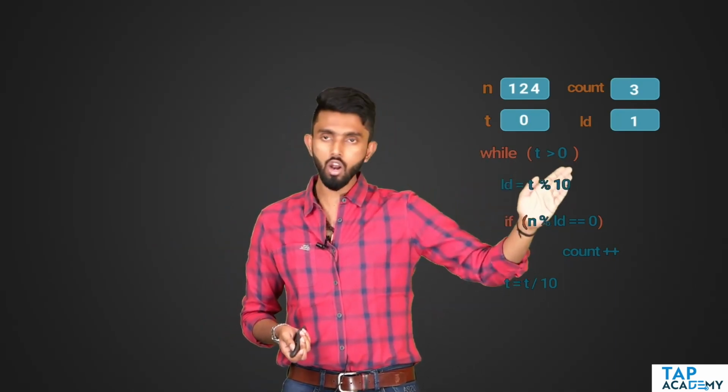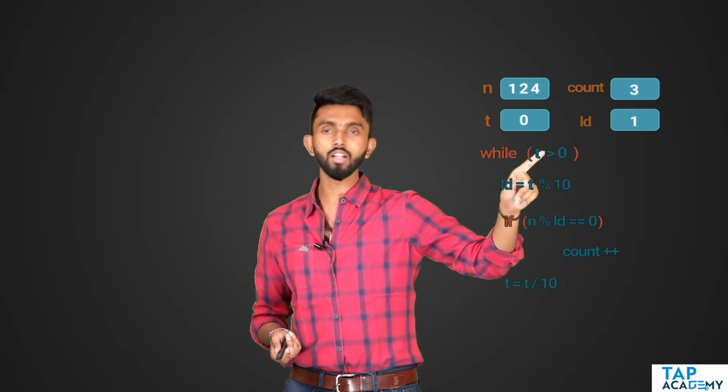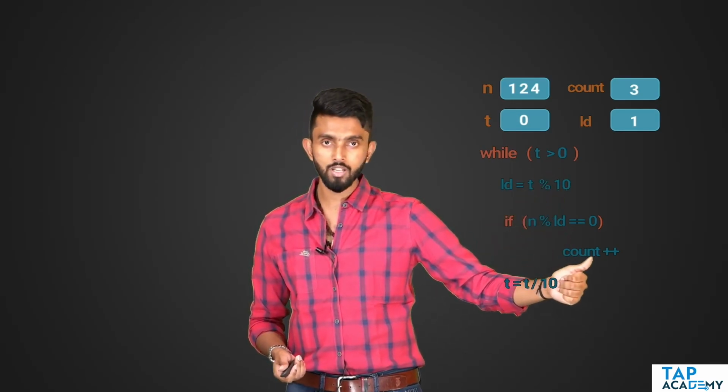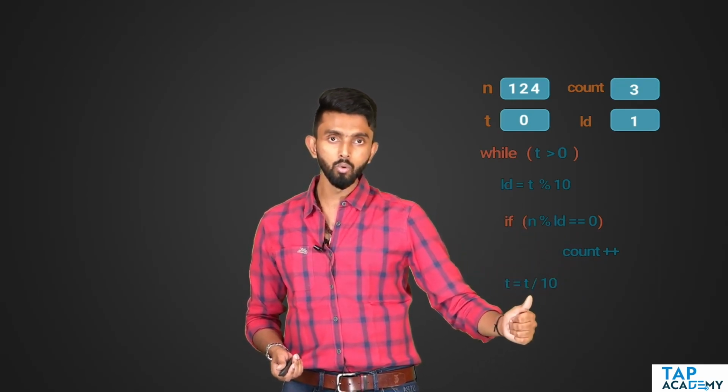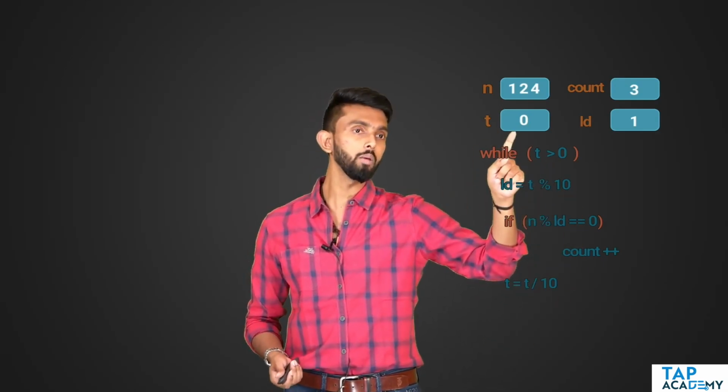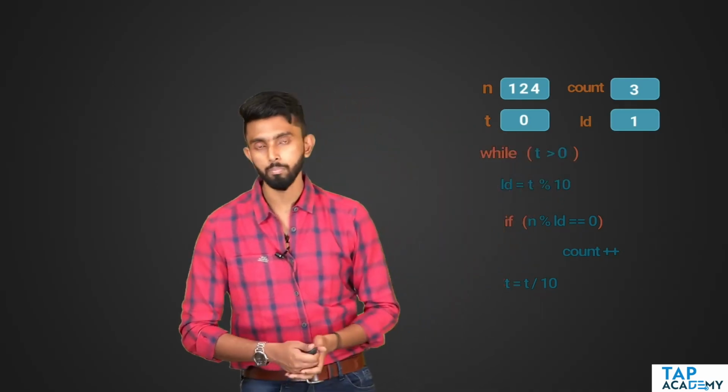I am saying as long as t value is greater than 0. While, always start reading it as long as. As long as t value is greater than 0, find the last digit, see if the last digit is a divisor. If it is a divisor, increase, and then remove the last digit from t. Again check if t is greater than 0. As long as it is greater than 0, repeat. The moment t becomes 0, condition becomes false, you will stop.